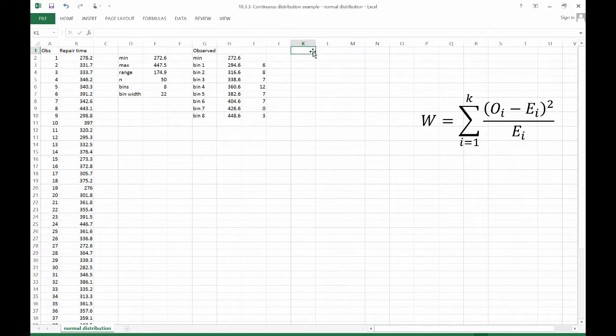Now, let's find what we would expect to see if the distribution is a normal distribution. In our previous example with an exponential distribution, we used the CDF of the exponential distribution to find the probability associated with each one of these bin ranges.